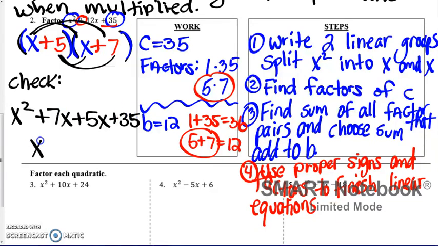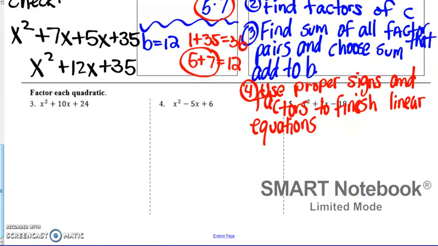So when I clean it up, I get x squared plus 12x plus 35. So the big idea is that I'm finding factors of my constant that are going to add up to my middle term, my B value. So I'll talk you through number 3, and then you can try 4 and 5.